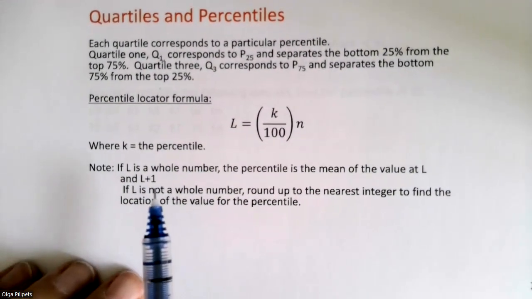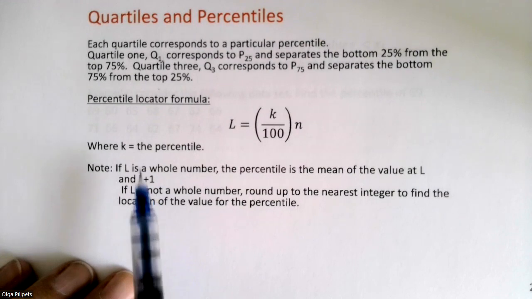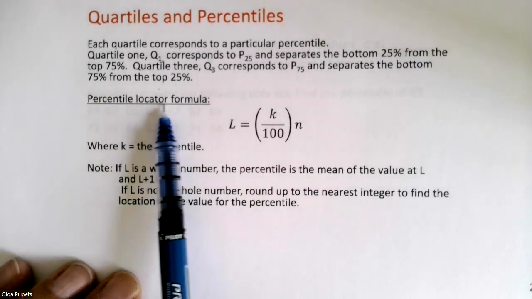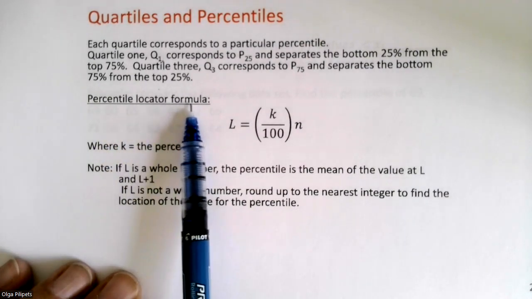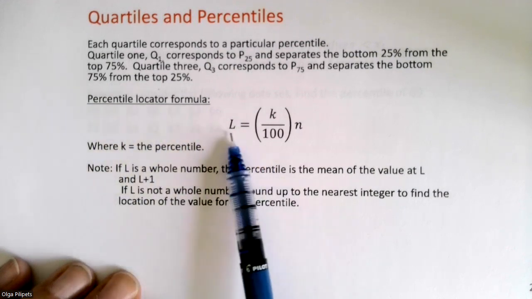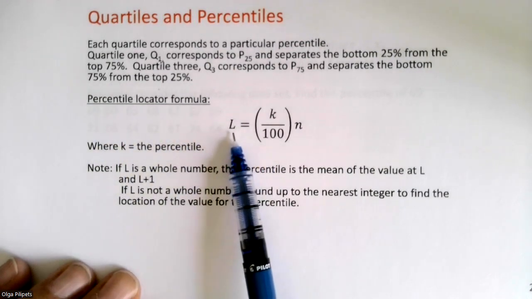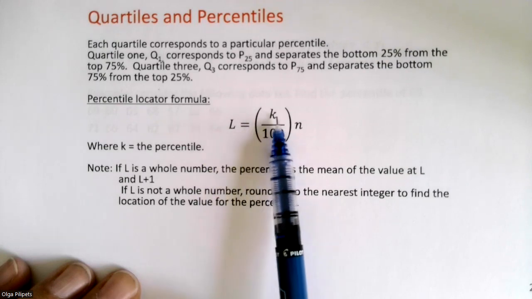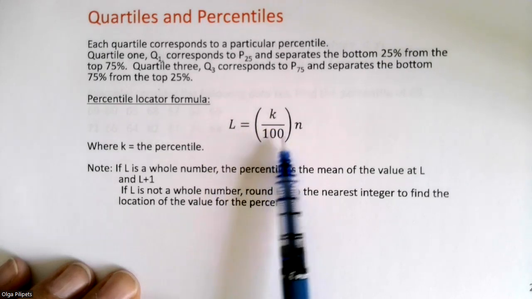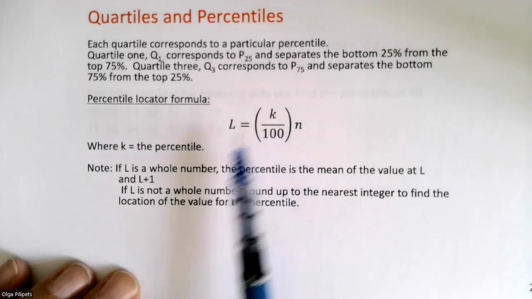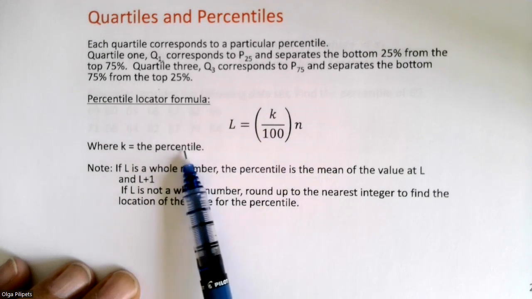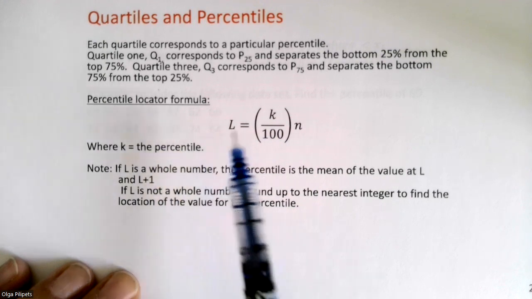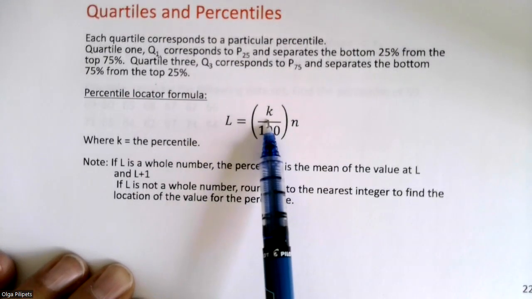Now, how do you find those percentiles? What's the procedure? Here's the percentile locator formula. So to find the location of that value, you're going to use this formula. It's L equals K divided by 100 times N, where K is the percentile. So for example, if we wanted to find the 35th percentile, then K would be 35.